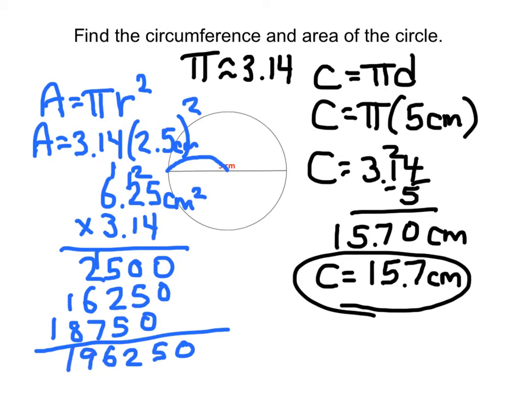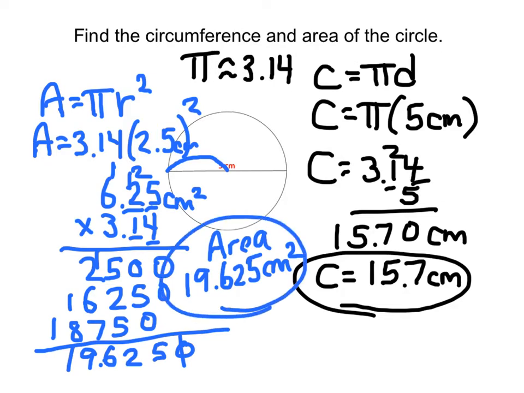And I have to place my decimal point. 1, 2, 3, 4 places. Boom. So 19.6250, let's drop the 0. 19.625 square centimeters for area. And there we have it.